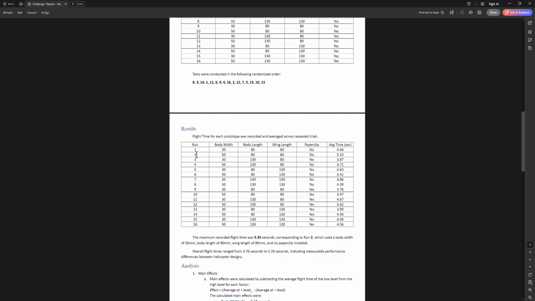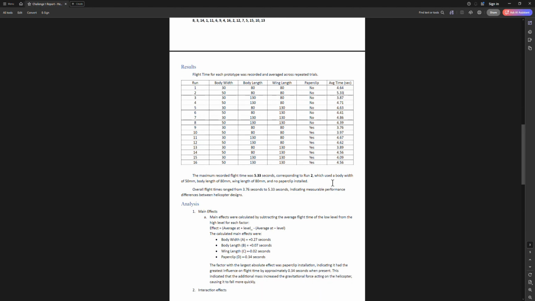According to the results, we can see that helicopter 2, run 2, had the highest average descent time of 5.33 seconds. For that helicopter, we can see that the body width was 50 millimeters, the body length was 80 millimeters, the wing length was 80 millimeters.